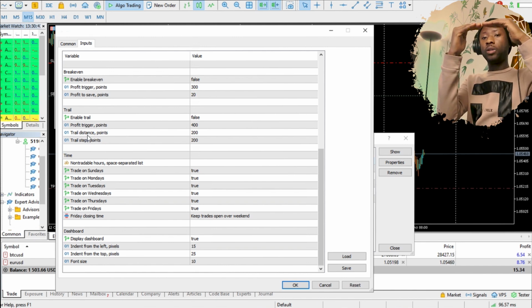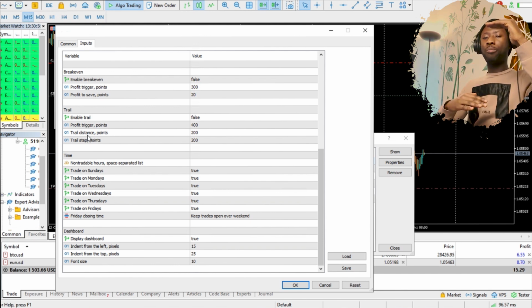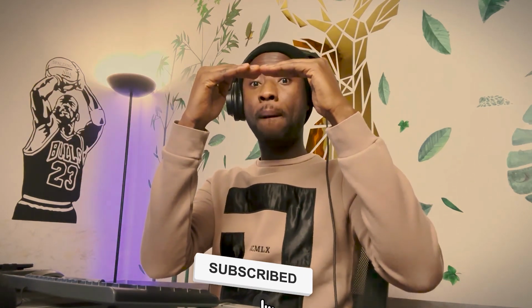So it will count 200 points from where the market is right now, from the position it triggered at. It's not going to count 200 points from your entry position. It's going to count 200 points from where it was triggered at the 400 points, 40 pips. It's like subtracting 200 from 400 and you put it there. That will be the position.